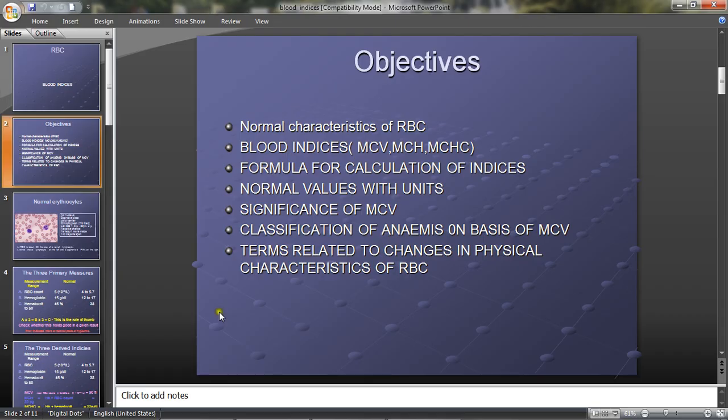Formula for calculation of the blood indices: normal values with units, significance of MCV, mean corpuscular volume, classification of anemias on basis of mean corpuscular volume, terms related to changes in physical characteristics of RBC.